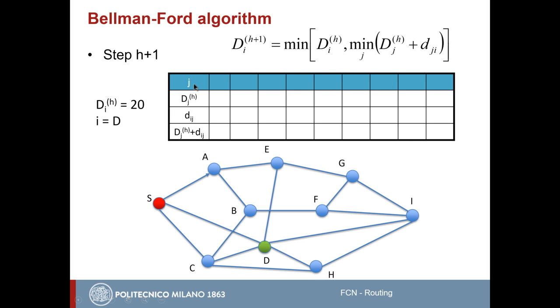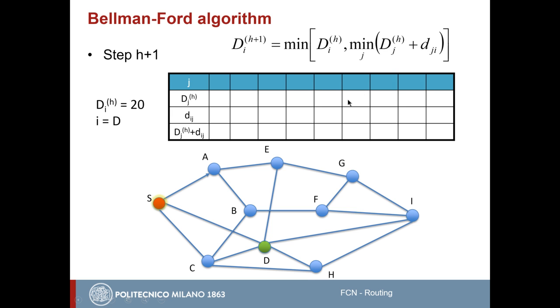You can see here J, which will take all the values that correspond to S, A, E, B, and so on, except D. Then this is the distance that node J had at the previous iteration, and this is the value of the link that is connecting node J to node I. This is the calculation of the final element that we have to compare in this argument.